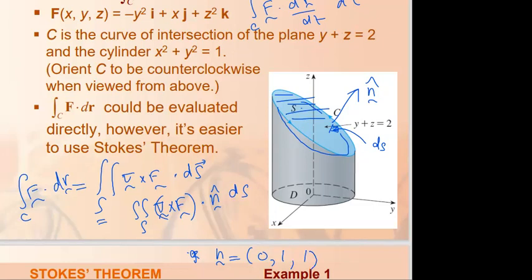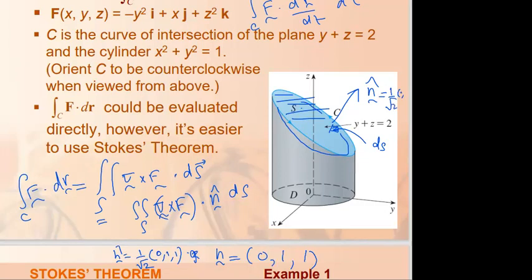So this is the normal vector. Let's find the unit normal by dividing by its magnitude, square root 2. So the unit normal is 1 over square root 2 times (0, 1, 1).